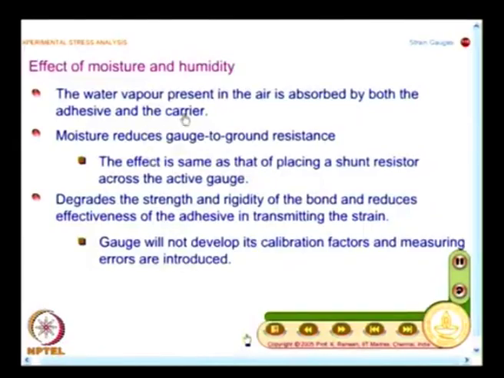And a very interesting thing happens. See, if you do not look at these very systematically, you will ignore all these effects. So, water vapor present in the air is absorbed by both the adhesive and the carrier. And what happens because of that?